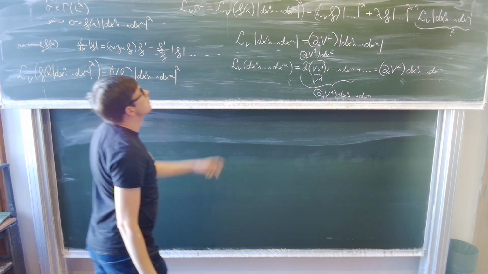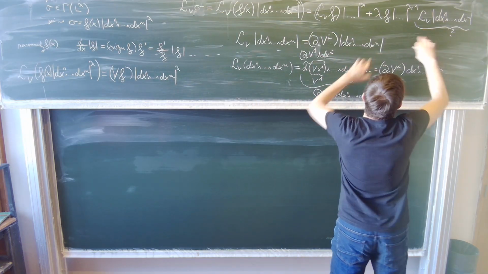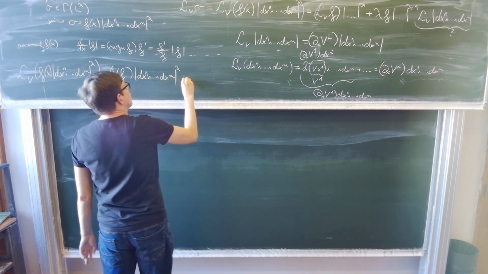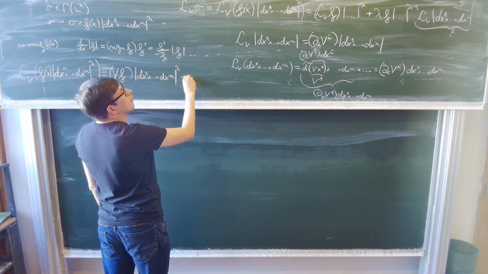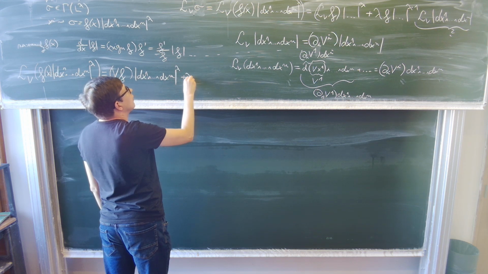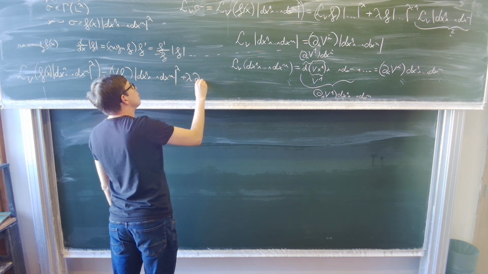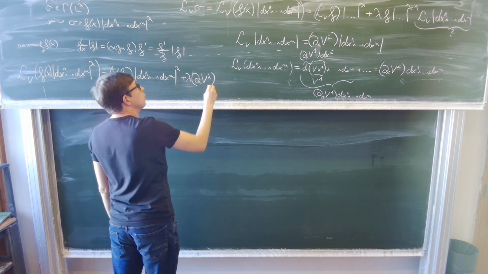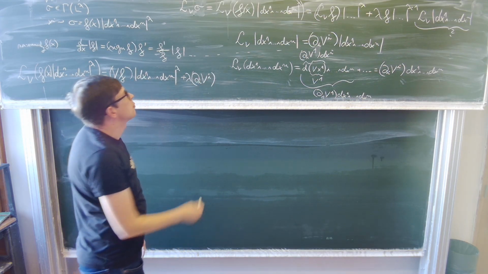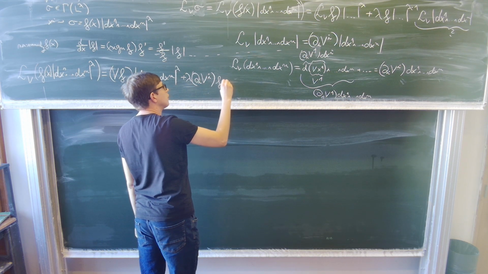Then I substitute this thing back, so I get exactly back my lambda, there will be partial v i, and I get my original density again.